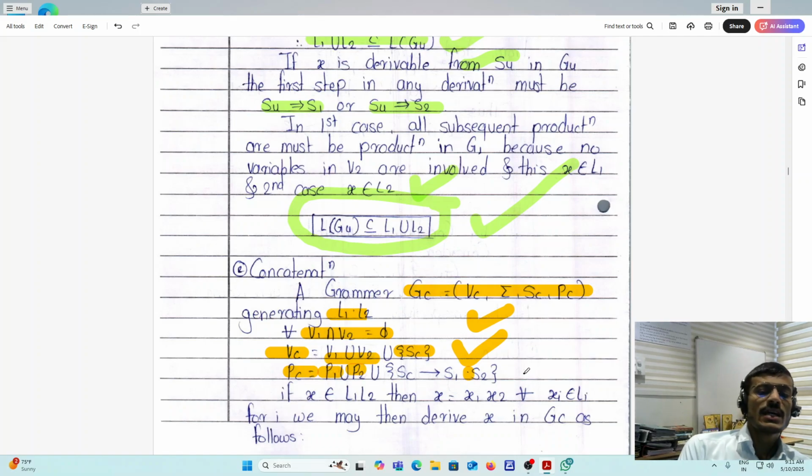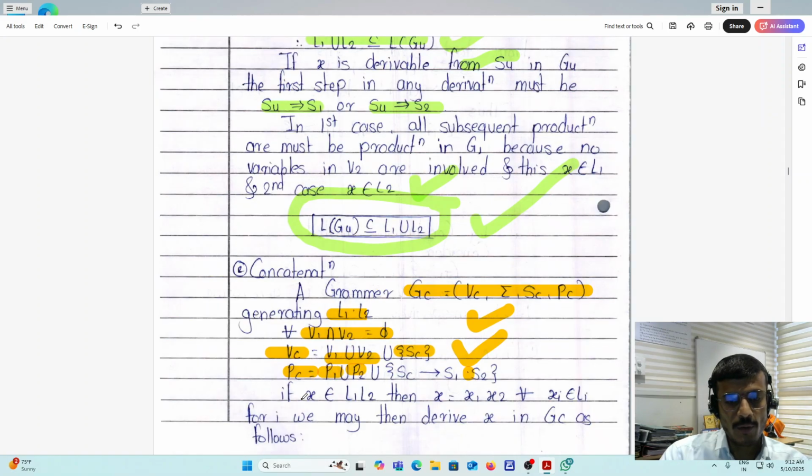So basically here a new starting symbol S_C is taken, and from that starting symbol S_C you have to go to S1 concatenate S2. Previously in the case of union, S_U tends to S1 or S_U tends to S2 was there. But here we take S_C tends to S1 concatenate S2.